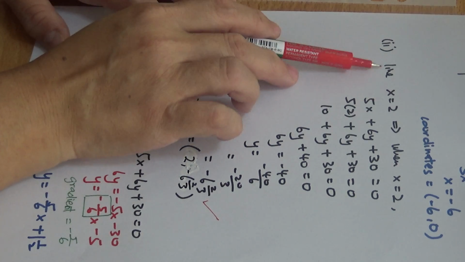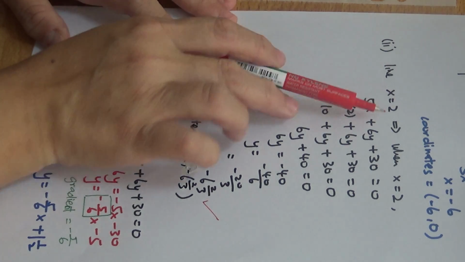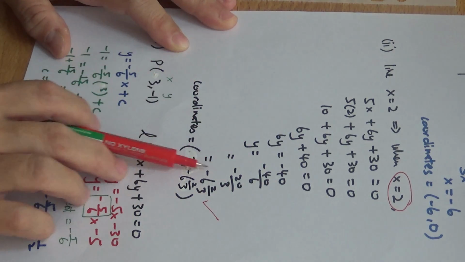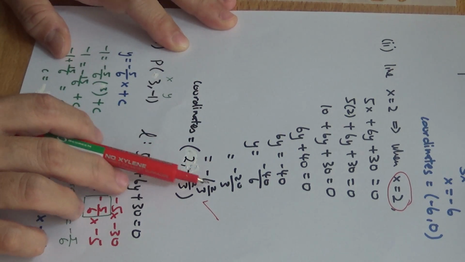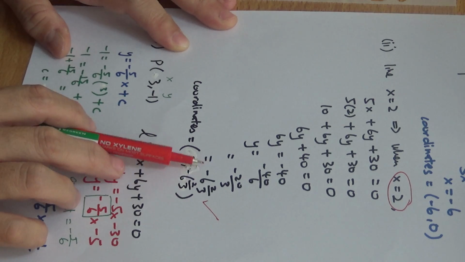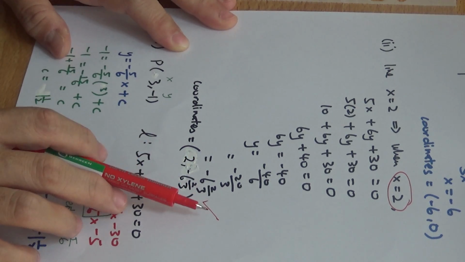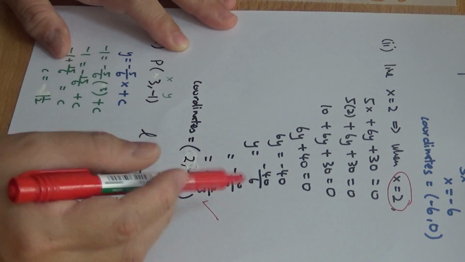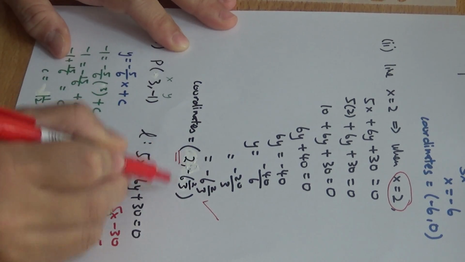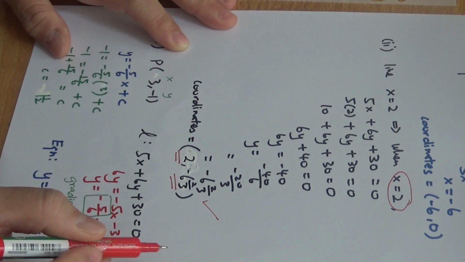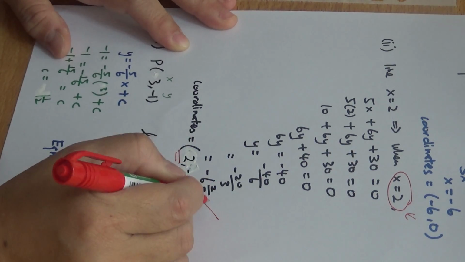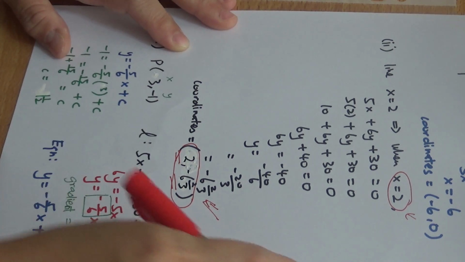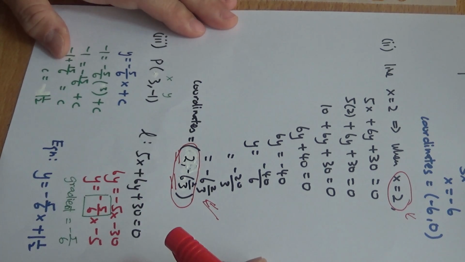Okay, -6 2 over 3. So what are the coordinates of that particular point of intersection? It is (2, -6 2/3), because x is 2 and my y is this value.